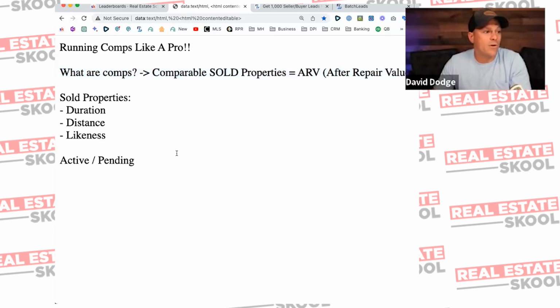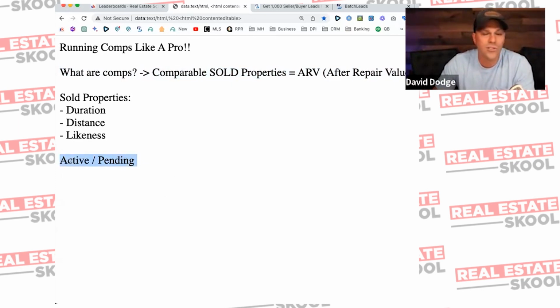The reason that we're not going to essentially use those is because when we are running our comps, we really care more about the comparable sold properties, right? Knowing what's out there in terms of what's actively on the market or what's pending on the market can be helpful to kind of understand if the market's hot or if it's cold, how much inventory there may be out in the open market at the current time.